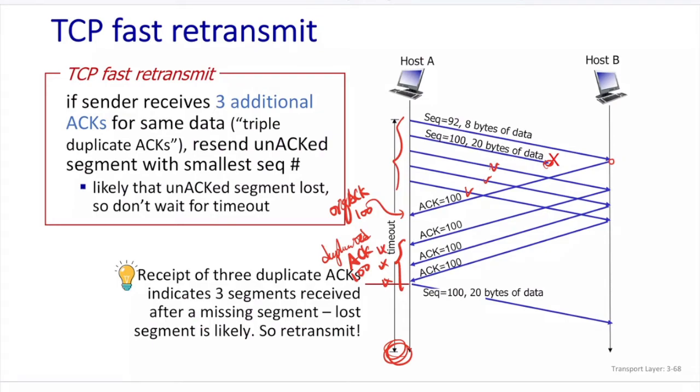So we have an idea: if you receive 3 duplicate ACKs, that means something is wrong, but not that severe. In this case, we introduce a terminology called TCP fast retransmission.